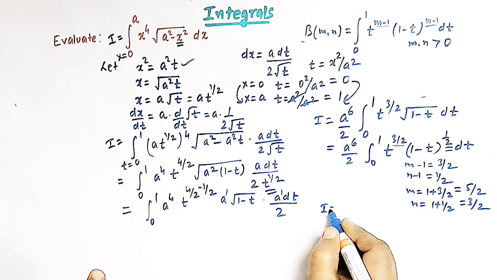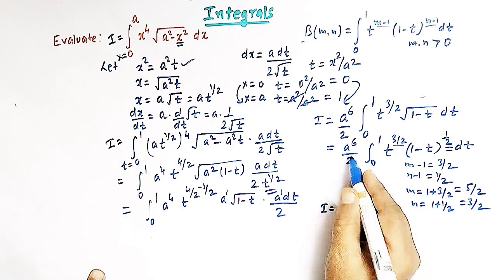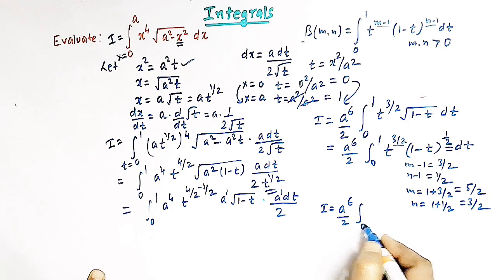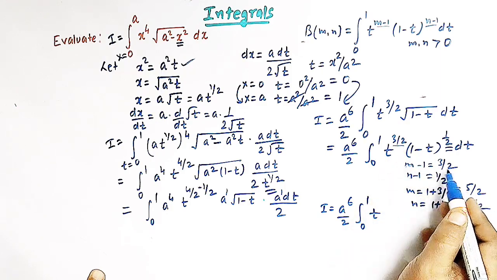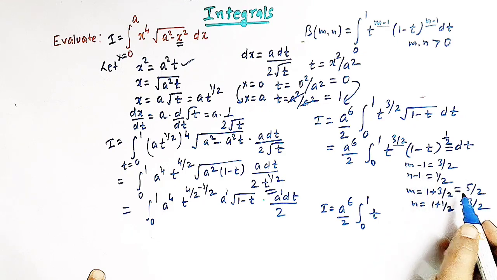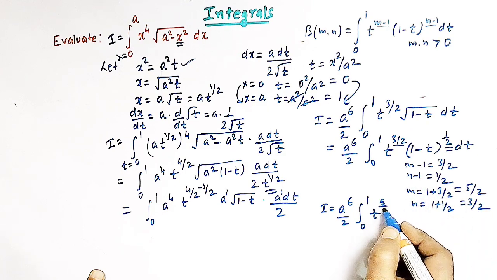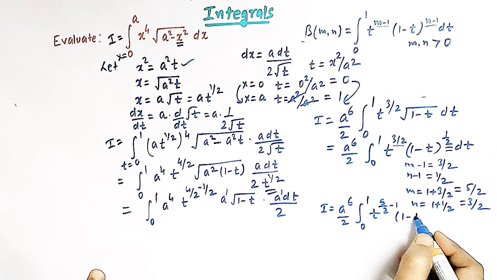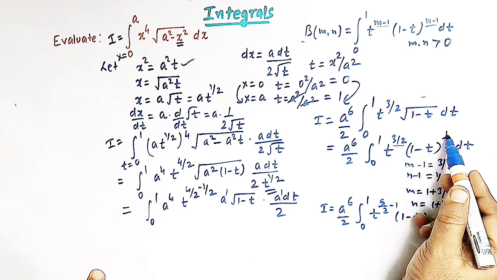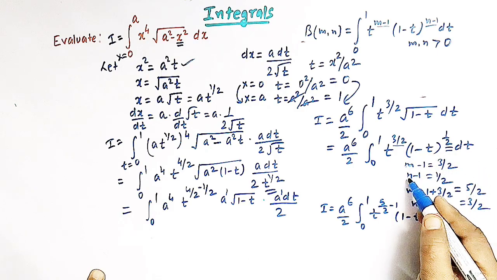So now I can be written as a raised to 6 over 2. We have 0 to 1, t raised to 3 by 2. So 3 by 2 is equal to m minus 1, and m is 5 over 2. So we have 5 over 2 minus 1, and then we have 1 minus t raised to half. Half is n minus 1.